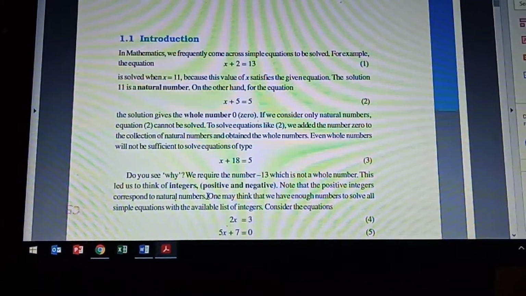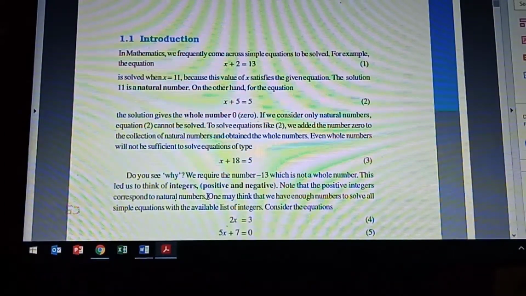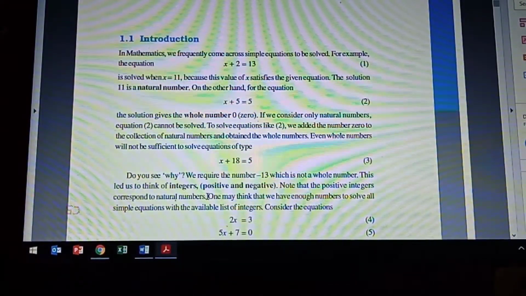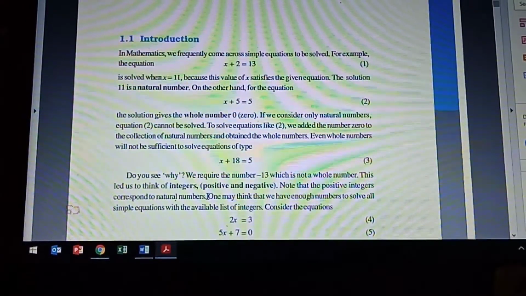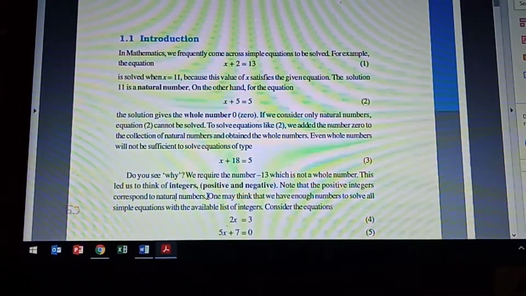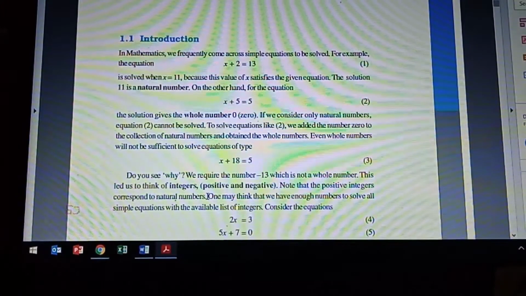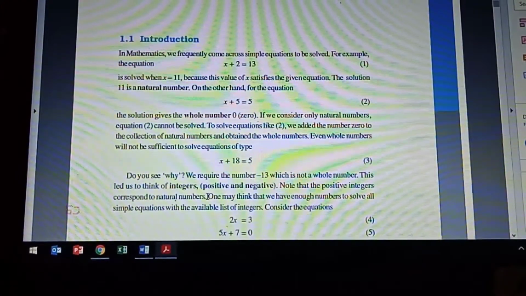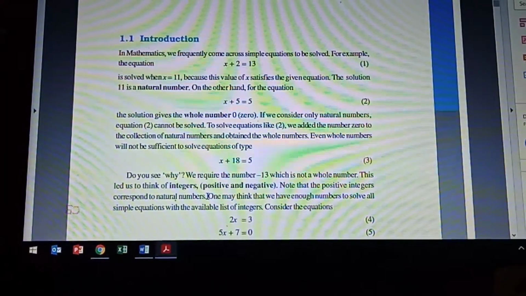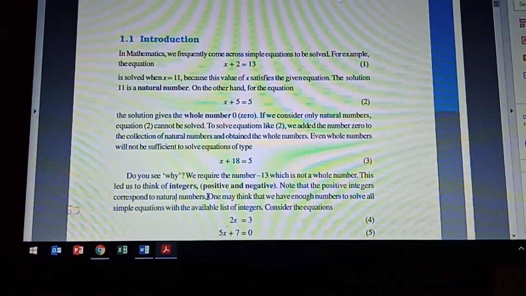Note that the positive integers correspond to the natural numbers. The natural numbers are 1, 2, 3, 4, 5, 6 and so on in the positive way. If they come in the negative way, the numbers will be shown as negative, and we can say it's a negative integer.